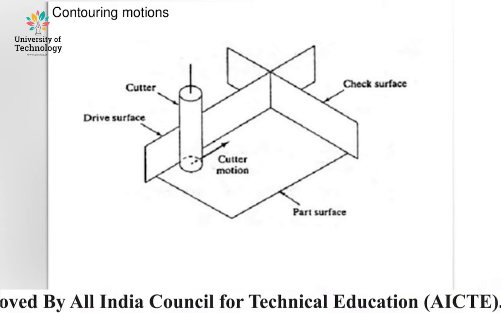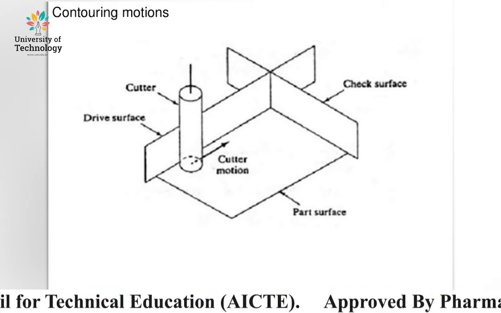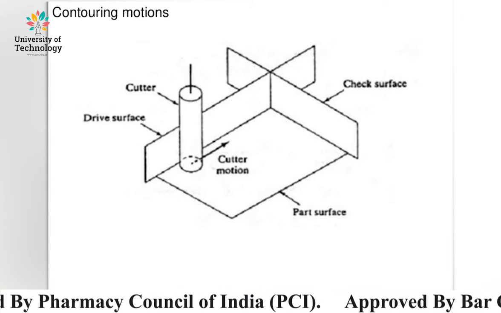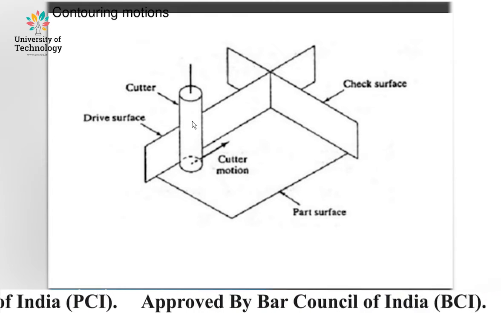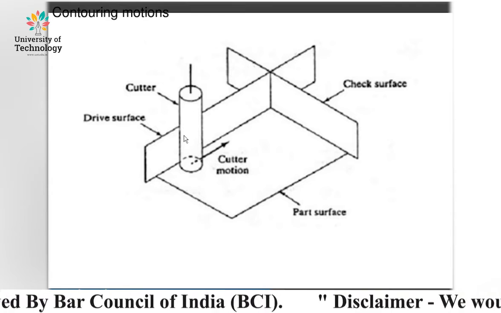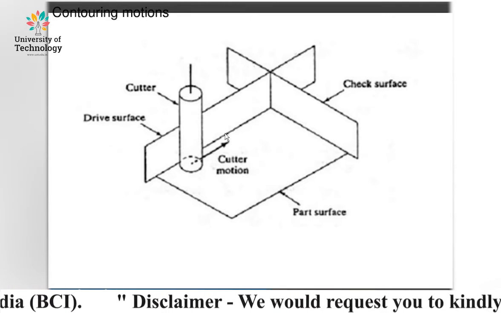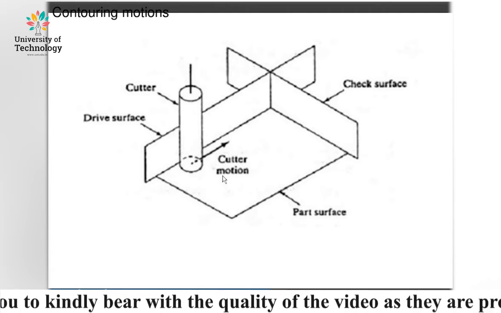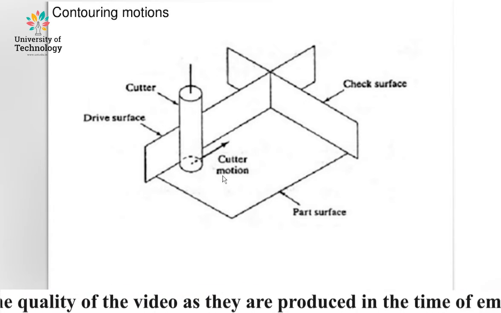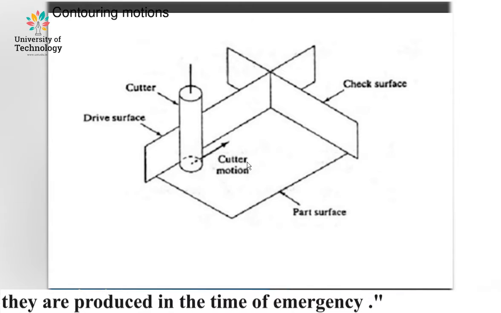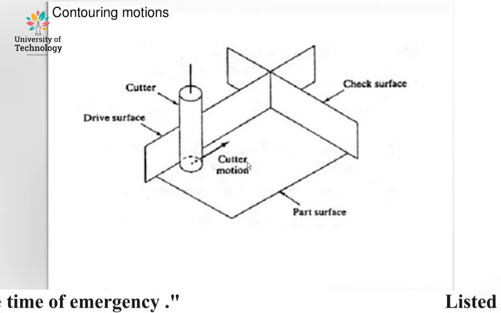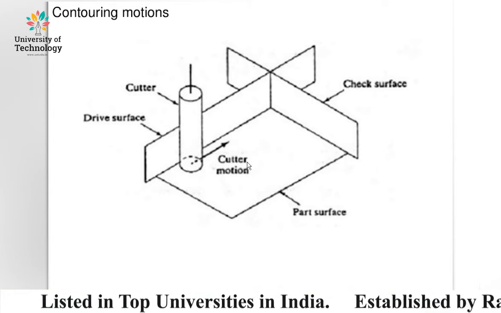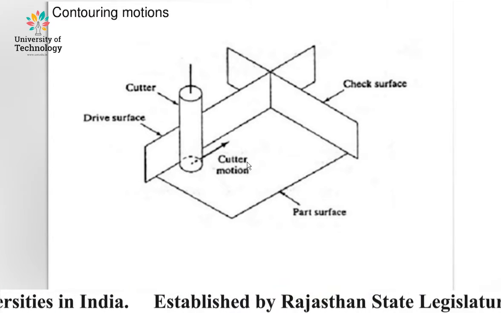Contouring motions we can define in three types: the drive surface, the check surface and the part surface. We can see the diagram in the slide. Here is the drive surface, which is supporting the tool or cutter; the part surface, that is the bottom surface, at the cutting tool surface; and the check surface, meaning the stop or the end of the motion of the particular tool, after which the tool moves or turns.